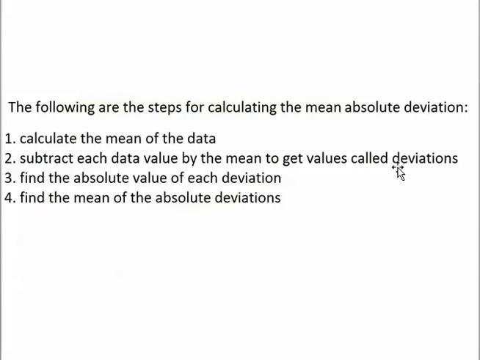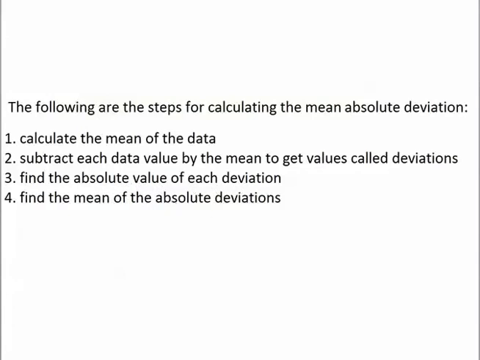So deviations can come out to positive or negative numbers. When you get the absolute value of the deviation, you just take the number and ignore the sign. And once you have the absolute value of each deviation, you find the mean of all of the absolute deviations.